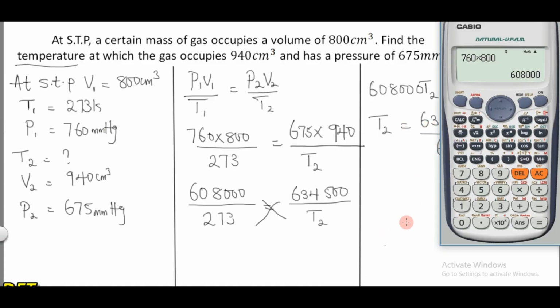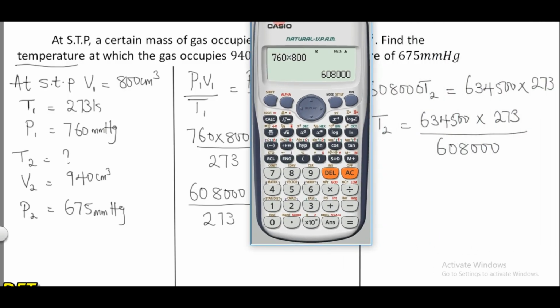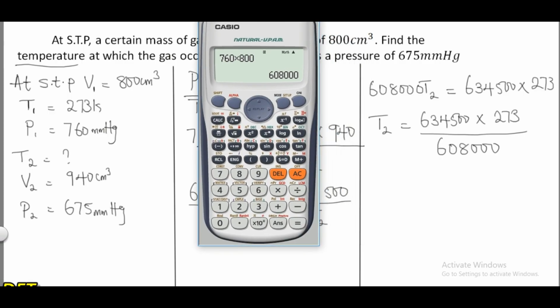If I bring out my calculator, I have 634,500 times 273 divided by 608,000. That will be equal to 284.89.